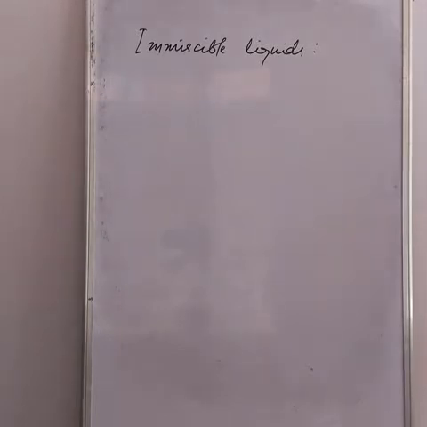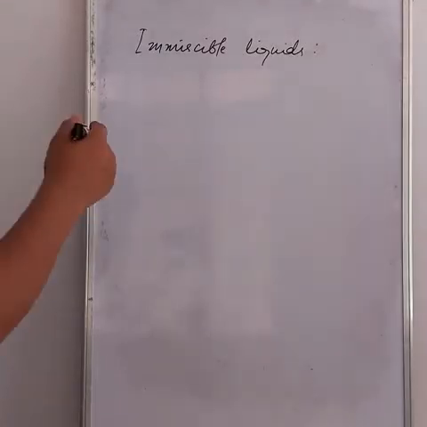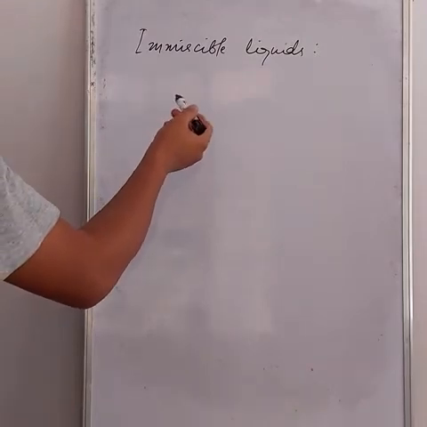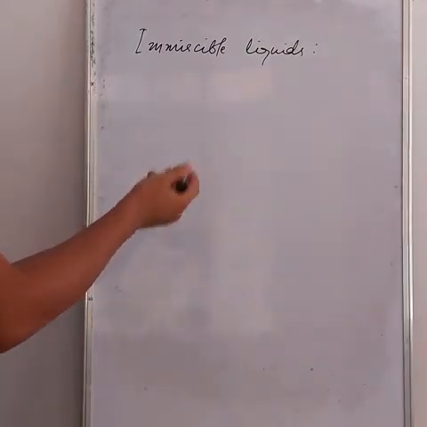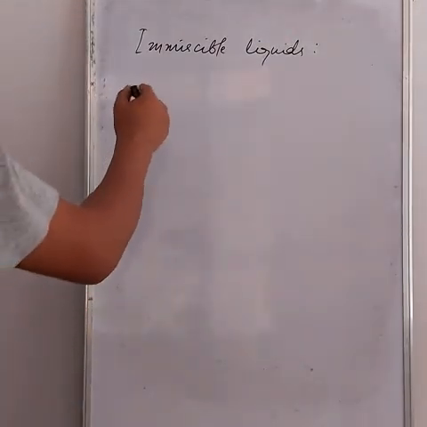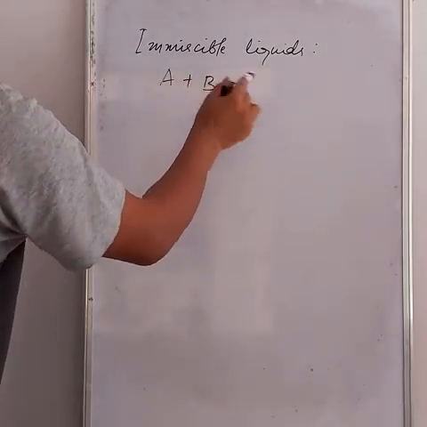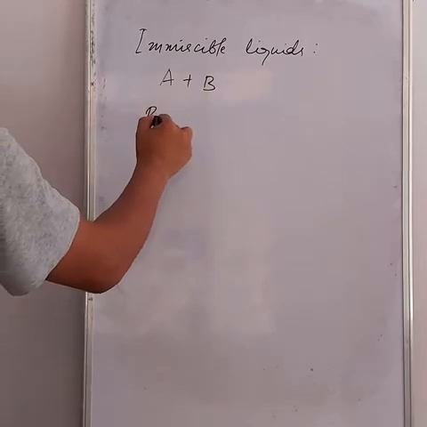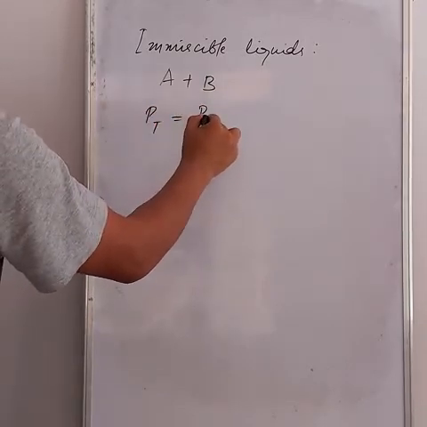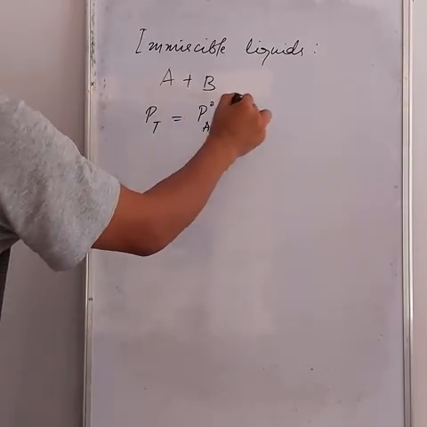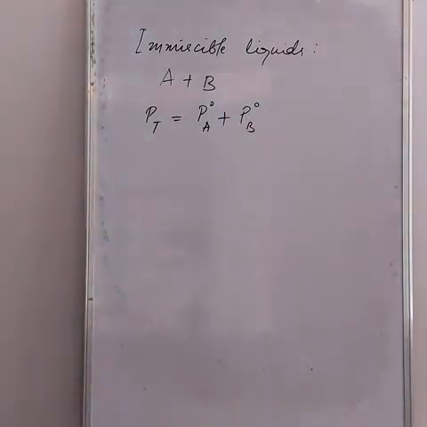And the vapor pressure of immiscible liquids is totally dependent on the independent pressures. Suppose there are two solvents, A and B, and if we mix them together, the total vapor pressure will be equal to the partial vapor pressure of A plus the partial vapor pressure of B, of the pure solvents.